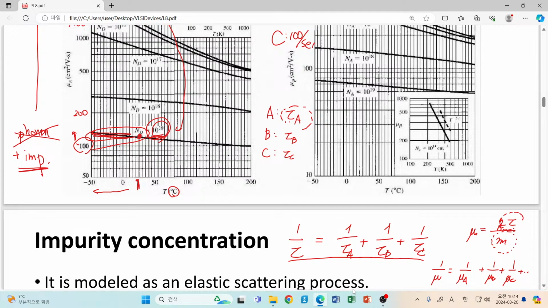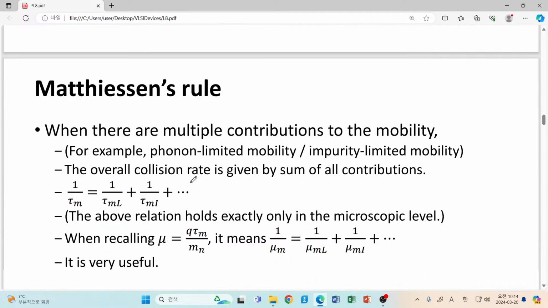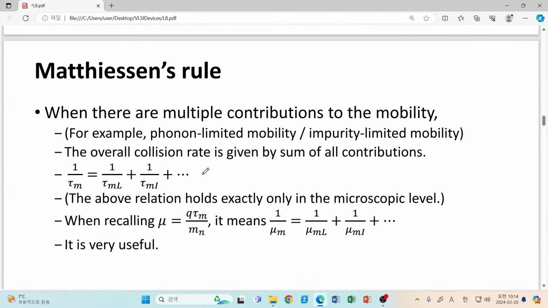If we had a third or fourth scattering mechanism, we just add them up in this inverse sum. That actually has its own name, and it is called Matthiessen's rule.